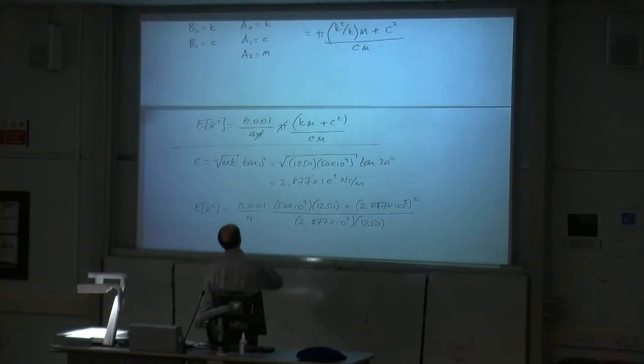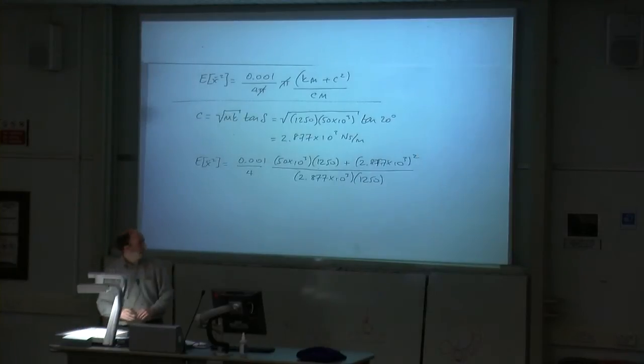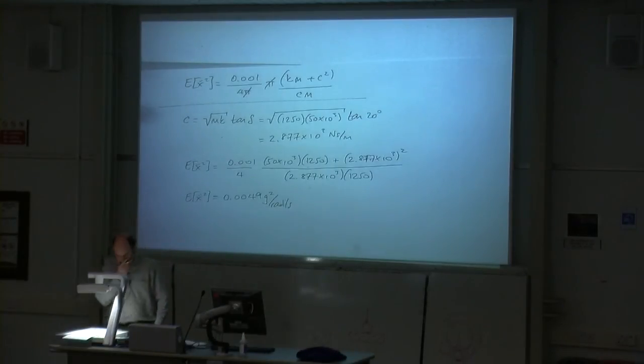That's just a matter of plugging in the values that we had for m, k, and c. So that comes out to be 0.0049 g squared per radians per second.